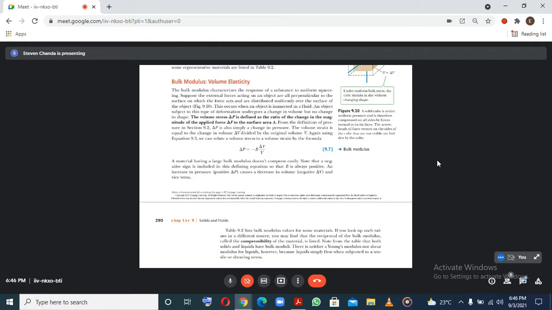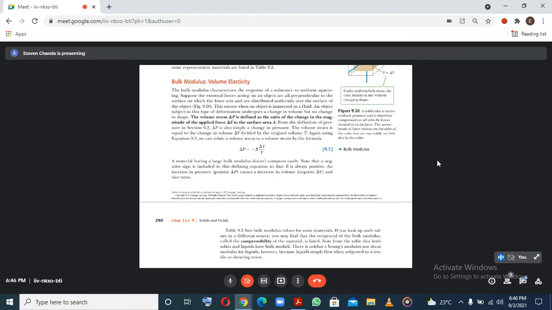Okay. Then remember that there is no Young's modulus or shear modulus for liquids, because Young's modulus is tensile, a pulling force. So if you pull a liquid, the liquid will just follow through, no deformation.